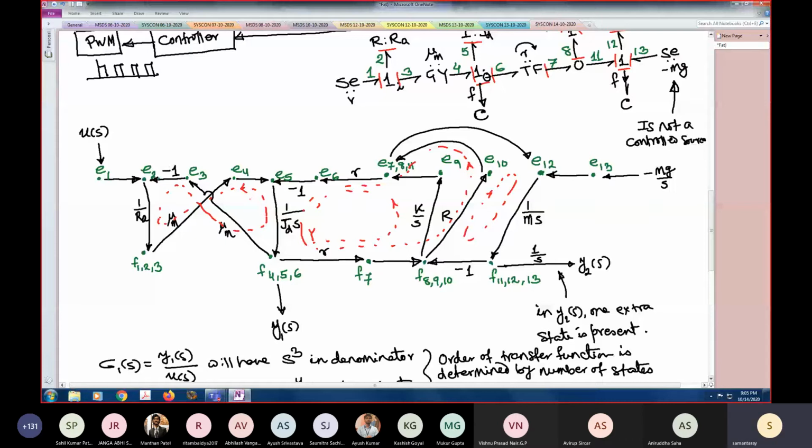We merged the K by S and R two loops by a single gain so that I have 1 loop there instead of 2. So this simplification is very important. Otherwise, when you derive your transfer function, the algebra might become cumbersome and you might miss some loops.